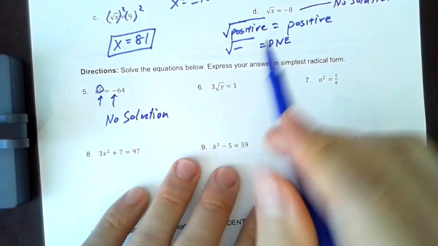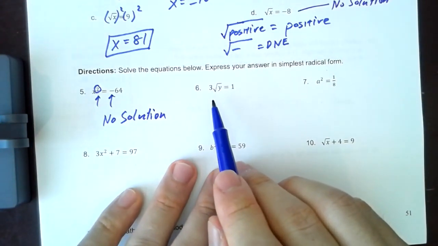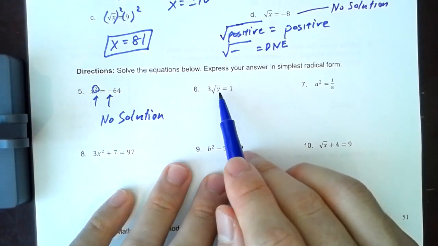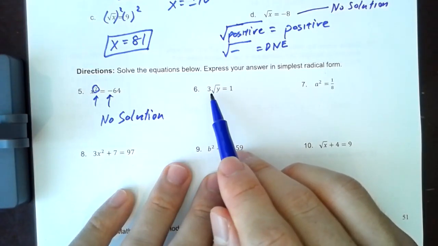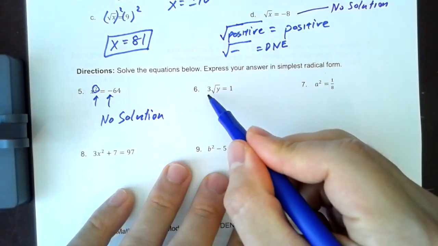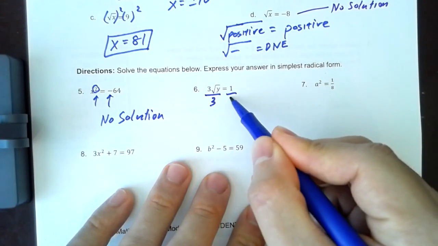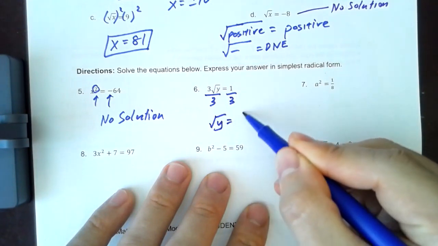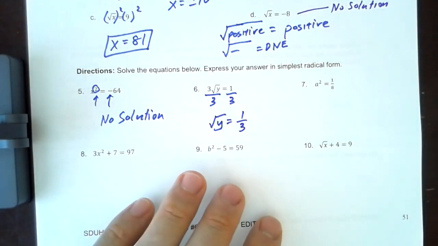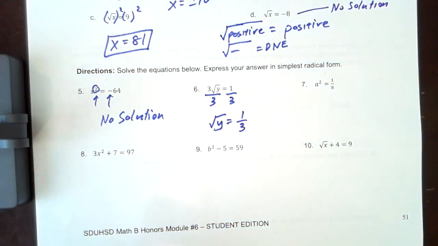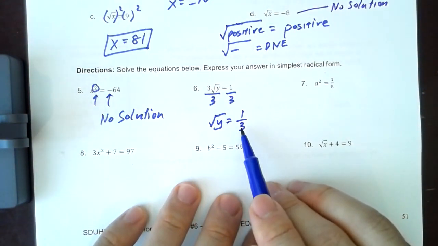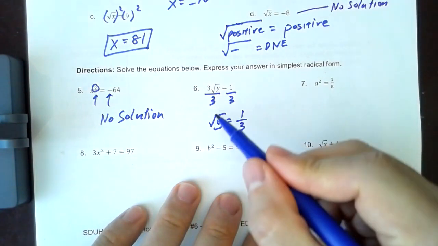Okay, here it's interesting because in number 6 we have a coefficient in front of the square root of y. So just like we've been doing for a long time, you always want to divide away the coefficient, and you get the square root of y is equal to 1/3. Okay, so far so good. We have a square root, and we also have the output of it being positive, so we know that that's okay.